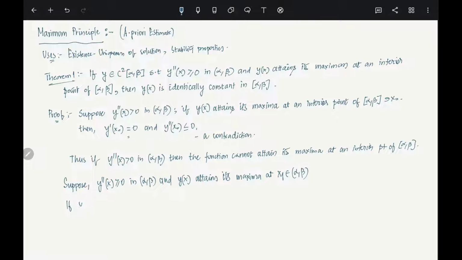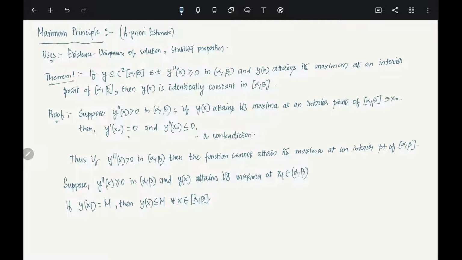If y at the point x1 is M, the maxima, then y of x should always be less than or equal to M for all x in (alpha, beta).